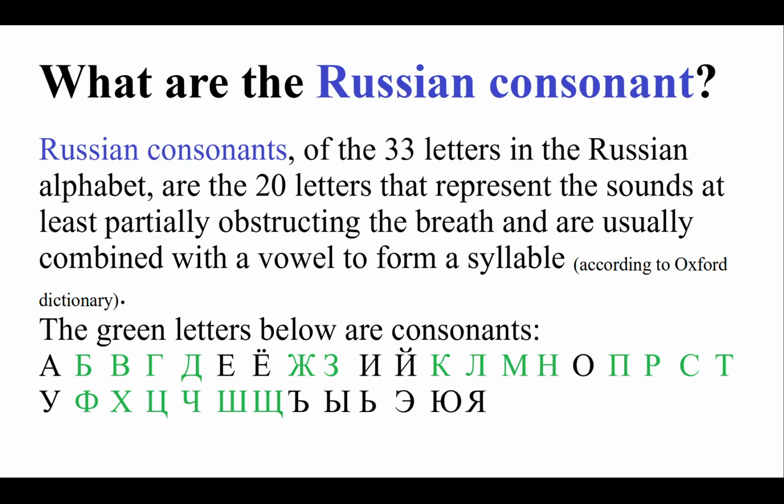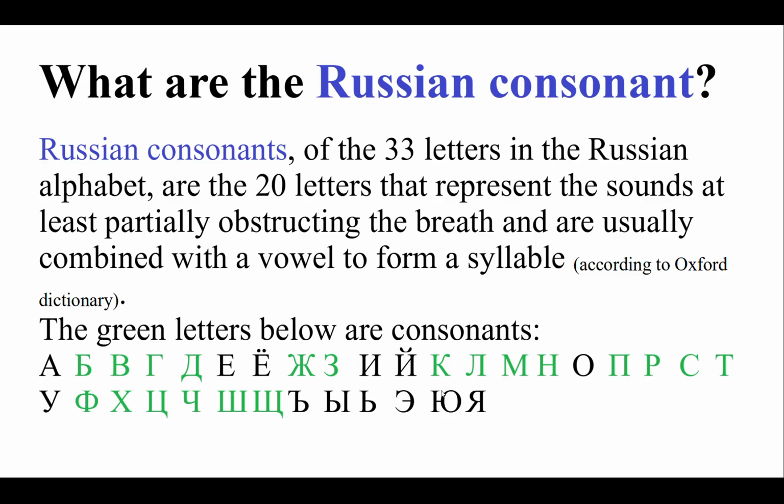So you need to know that there are 20 consonants in Russian, and they resemble the sounds that humans can make. Some of them resemble the Latin alphabet that languages like English or French use, while the others are based on the Greek alphabet.